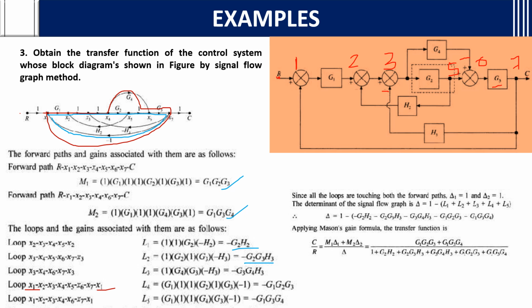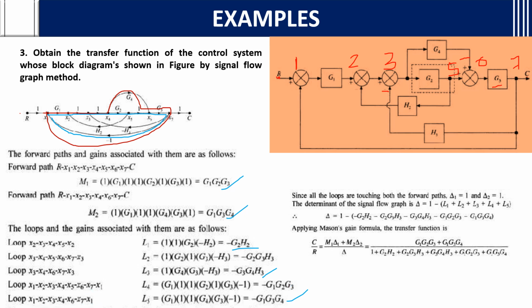I'll mention it with the line colors. Blue color is x1, x2, x3, x4, x5, x6, x7, x1, and red color is x1, x2, x3, x4, x6, x7, x1. Whichever gains are present in that path, you will multiply those gains.